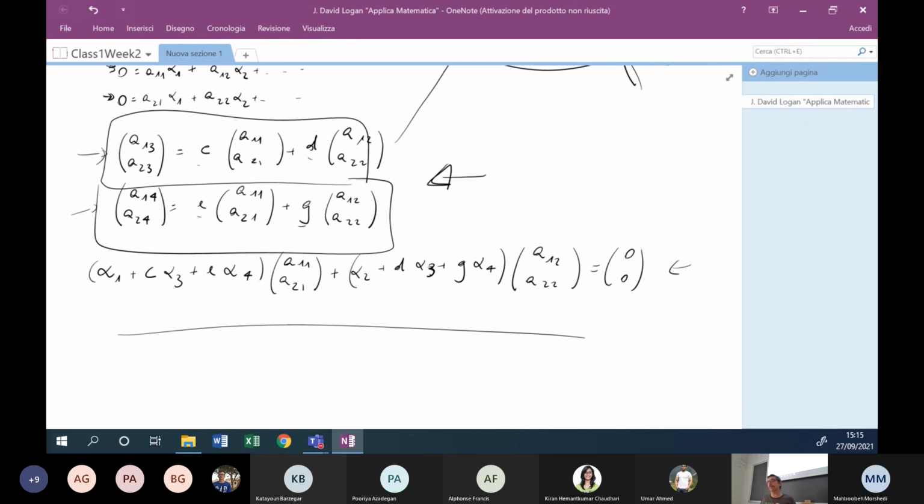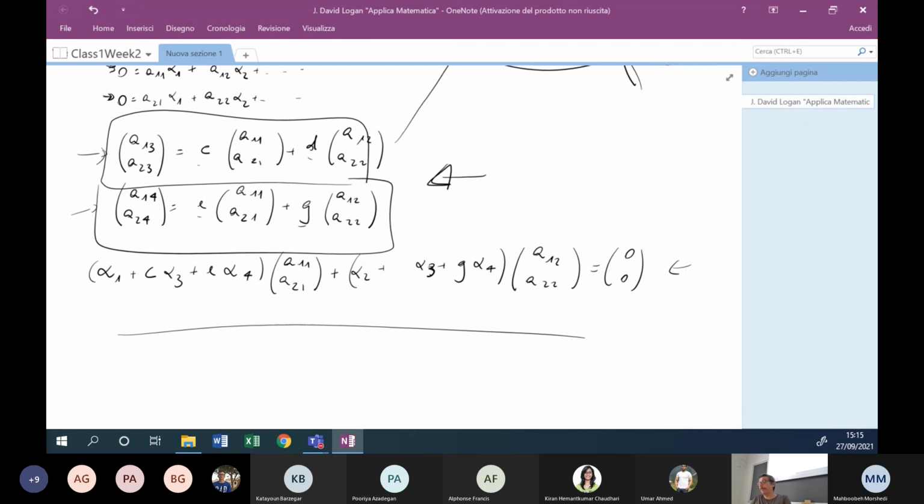Now, note that we say that the two vectors A11, A21 and A12, A22 are linearly independent. You remember, because the rank of the matrix is 2, and I choose the first two columns to be linearly independent.